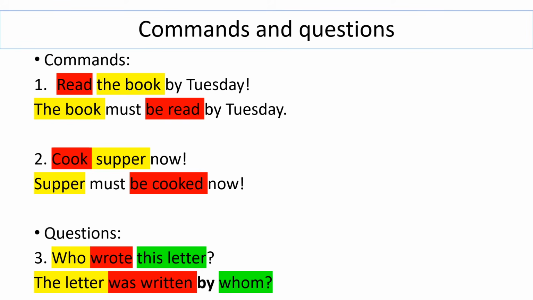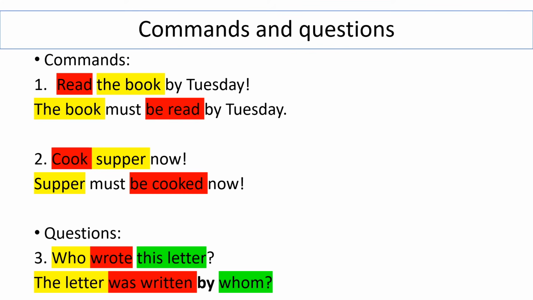Step 5, add by. The book must be read by. And step 6, although there is no object in the passive sentence, this particular passive sentence will end off with Tuesday. So, the passive voice sentence will read, the book must be read by Tuesday. And remember that exclamation mark.